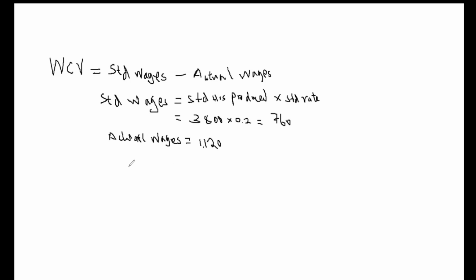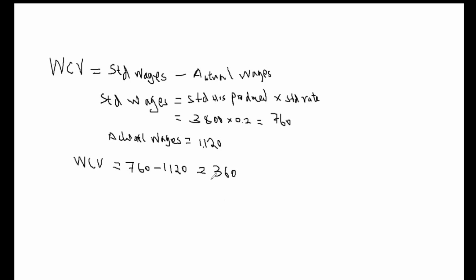Therefore, our wages cost variance is equal to the standard wages, which is 760, minus 1,120, which will give us 360.